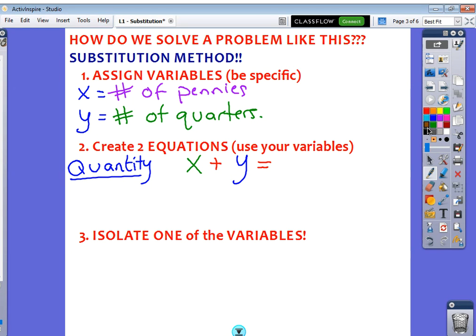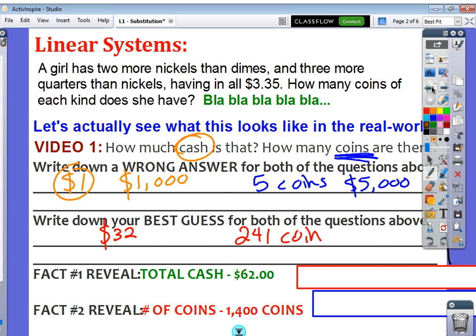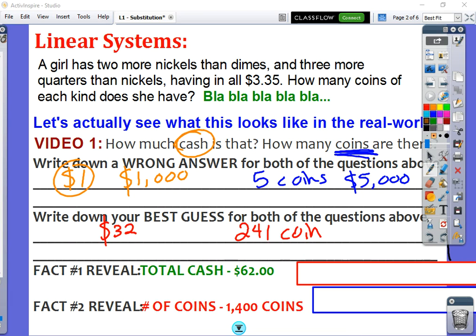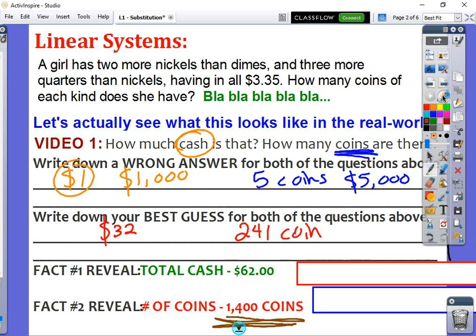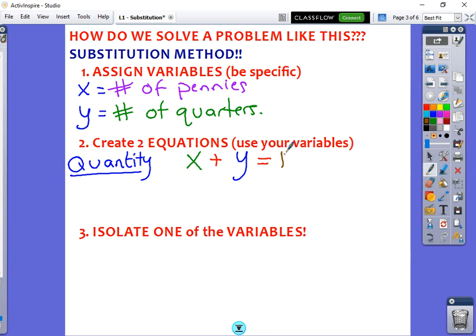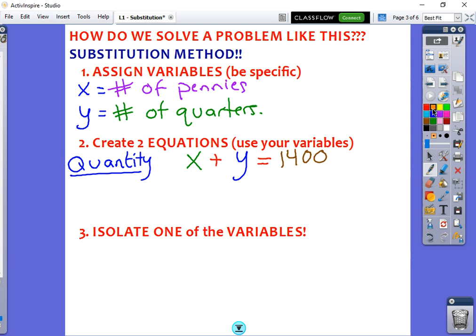This is why we needed the fact reveal back on the first page. That should add up to my total number of coins. So x plus y should add up to 1,400, because all the pennies plus all the quarters are going to add up to that total number of coins. So that's our quantity equation.